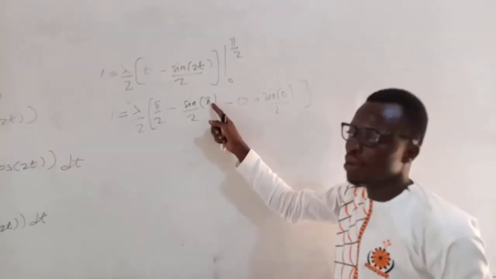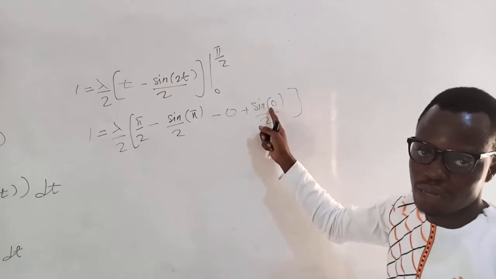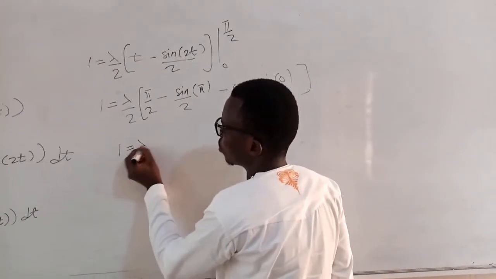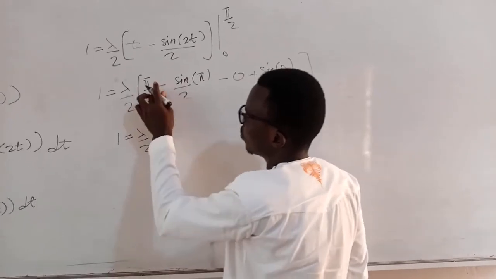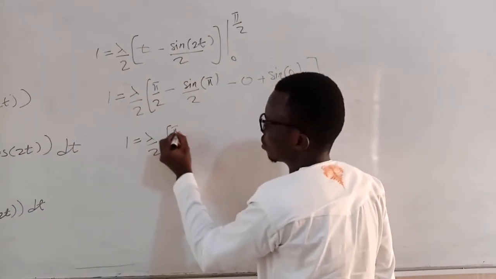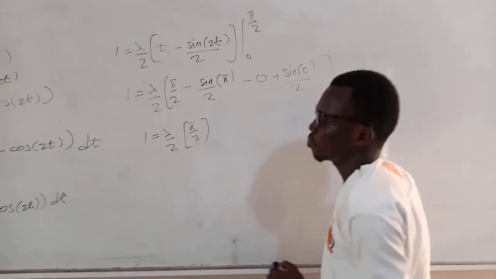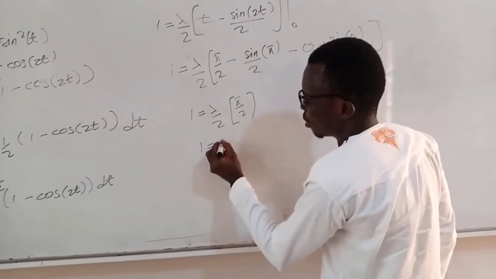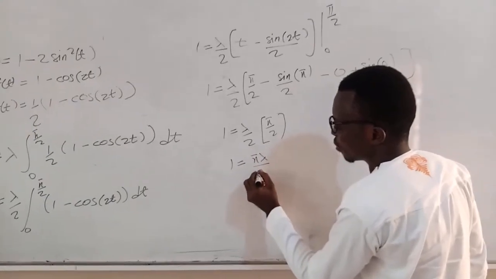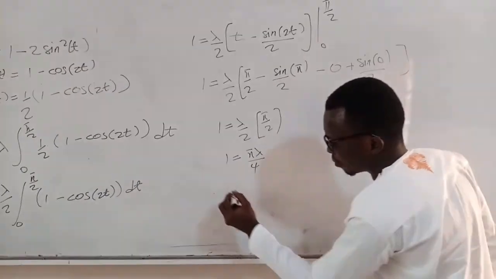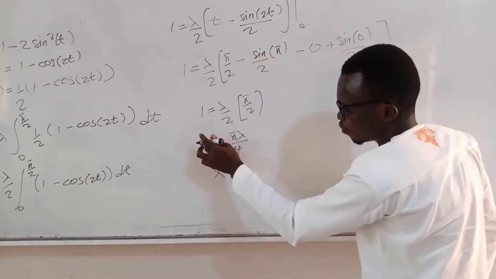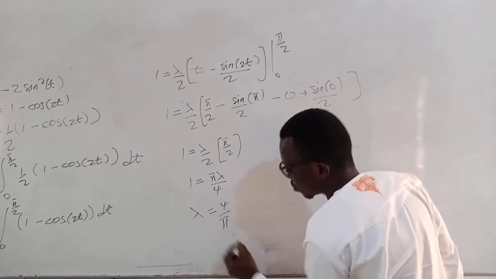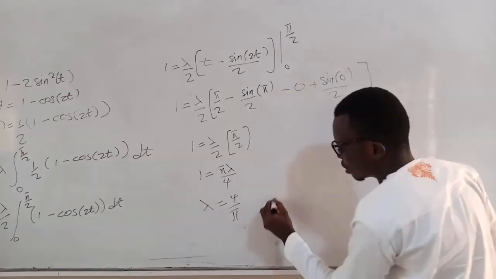Sine pi is the same as 0, and sine 0 is the same as 0. So this whole thing becomes 1 equal to lambda divided by 2, then remaining this term, pi on 2. So here becomes 1 equal to pi lambda divided by 4. So solving for lambda, if we multiply by 4, it becomes 4 divided by pi. So this is the eigenvalue.